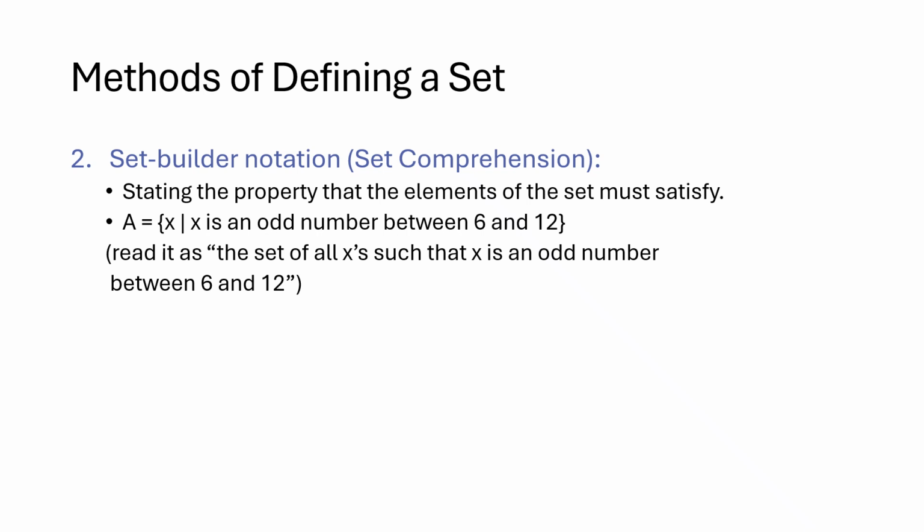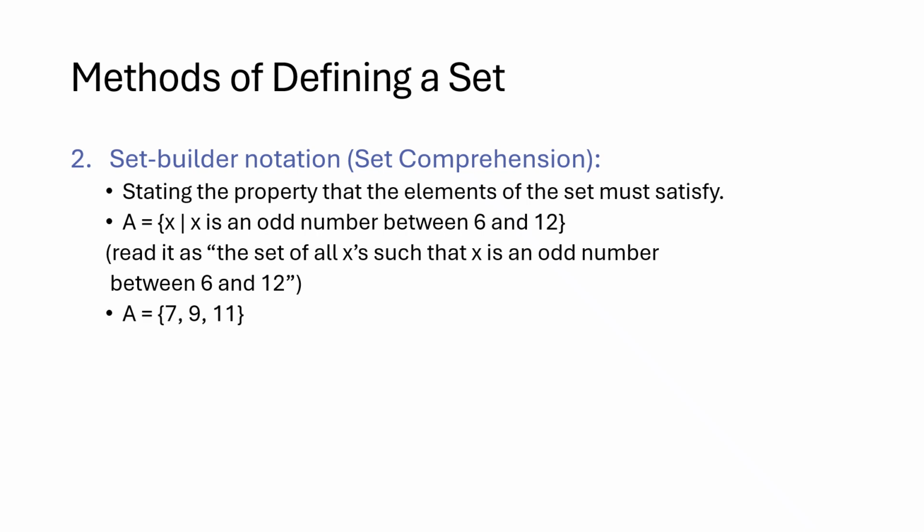This is called set comprehension. We are describing the properties that the elements of the set must satisfy. They must be odd and they must be between 6 and 12. Now, in this case, this is a small enough set that we could actually use the listing method, and you can see that the odd numbers between 6 and 12 are 7, 9, and 11.